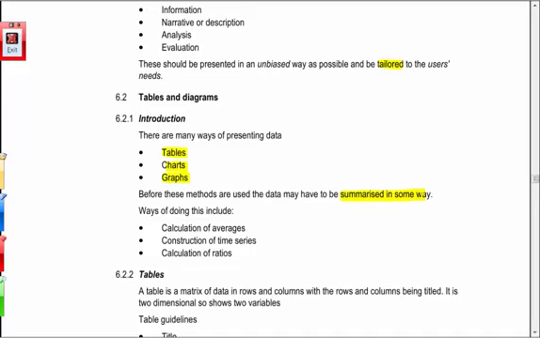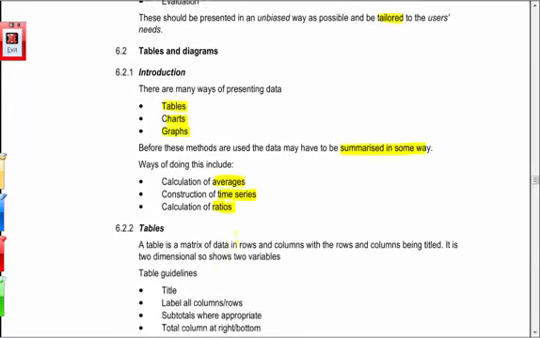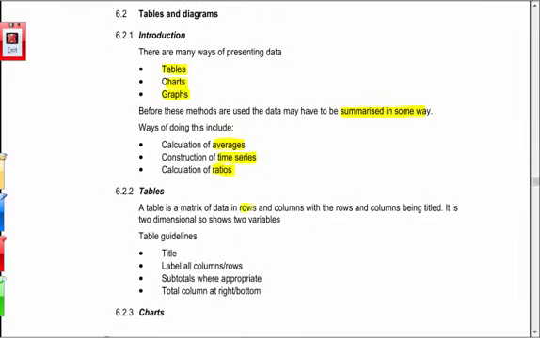And the information could be summarised via the calculation of averages, time series and ratios, all of which you will encounter later on in the course. A table then is going to show the information in rows and columns, each of which should be titled, and it's going to give you 2 different variables.